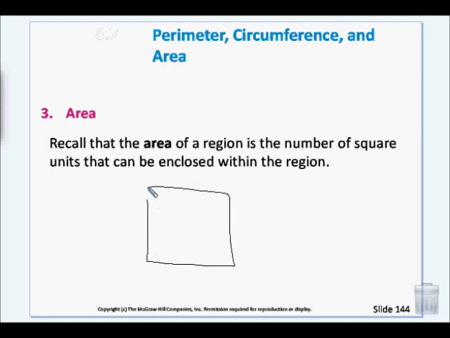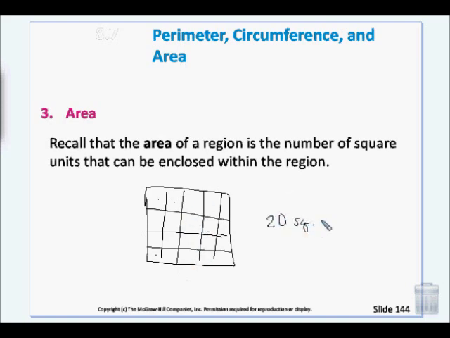So, like if you made a bunch of squares and these were all perfect and the same size, the area is 1, 2, 3, 4, 5, 6, 7, 8, 9, 10, 11, 12, 13, 14, 15, 16, 17, 18, 19, 20. So this area would be 20 square units of this made up unit that I didn't draw very well, right?